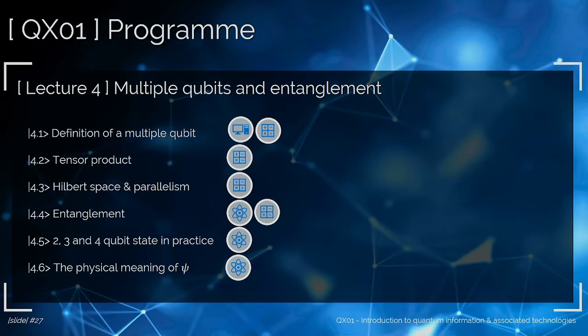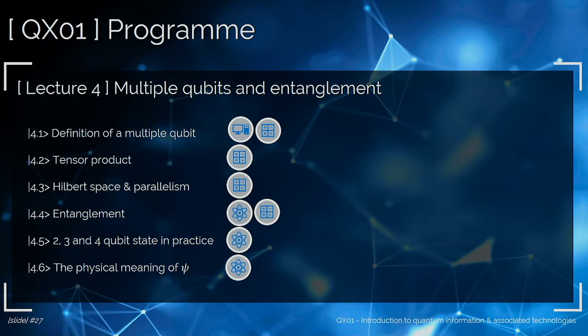So, here is what I'm going to cover, not everything today. First of all, I will start with the definition of multiple qubits. What are multiple qubits, rather? Then I will define, again, a mathematical object that is extremely important: the notion of tensor product.